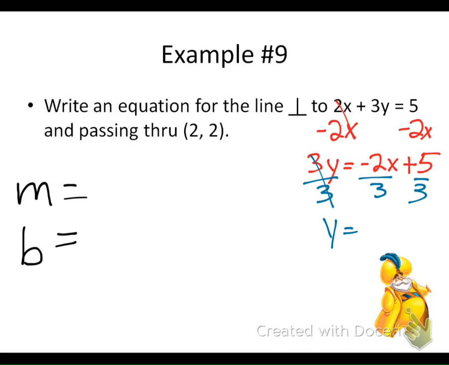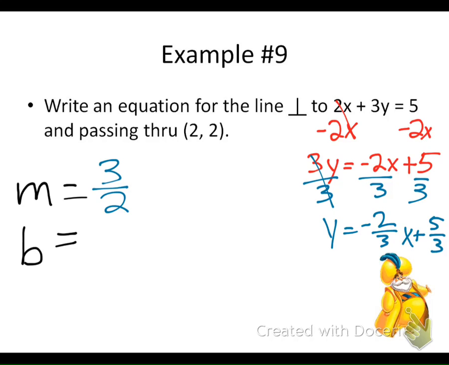So y equals negative 2/3 x plus 5/3. So what is the slope of this line that they gave us? Negative 2/3. But we're looking for a line perpendicular to that. So what would my m be? 3/2. How'd you get 3/2? Flipped it and changed the sign.